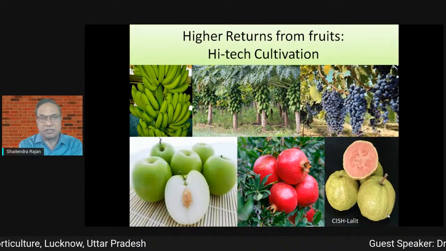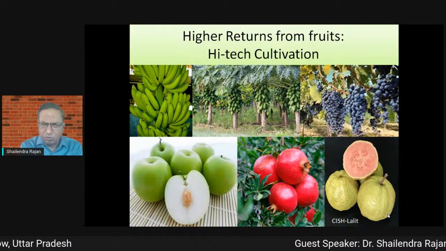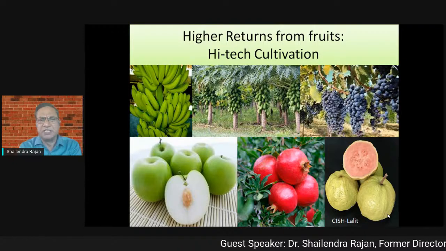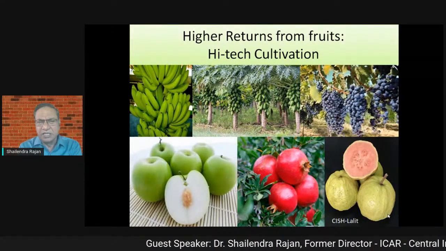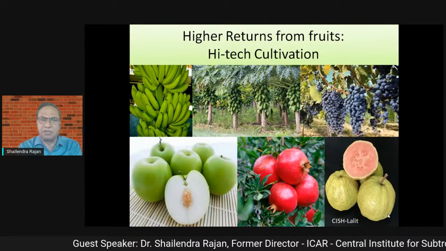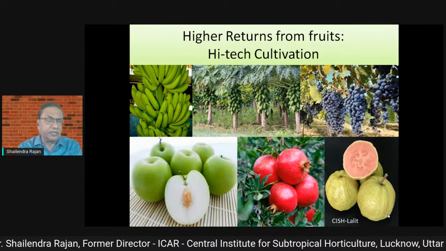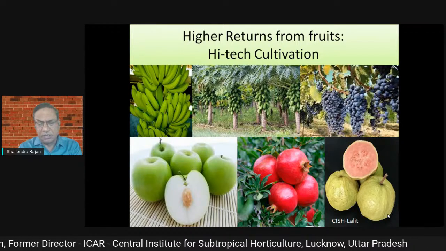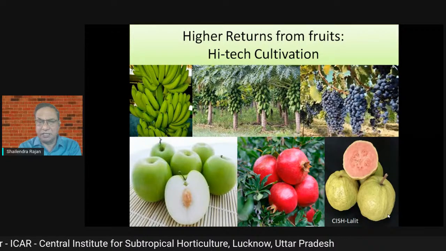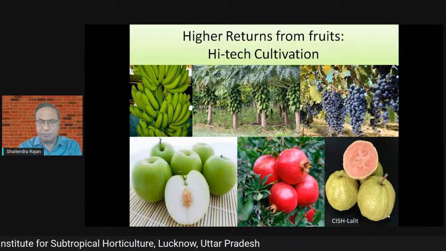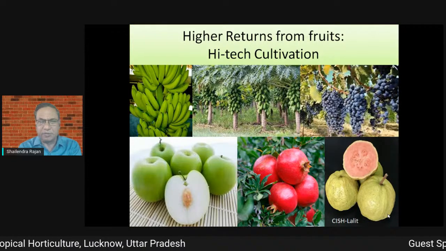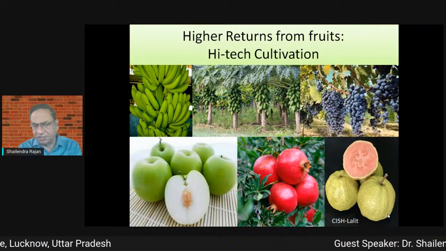So I will start with the fruits which are most important as far as returns are concerned. A lot of technologies have been developed for the high-tech cultivation of these fruits. Banana is well known for that. People start banana cultivation, then they don't go for any other crop. They replace sugarcane with banana because of the very high returns.